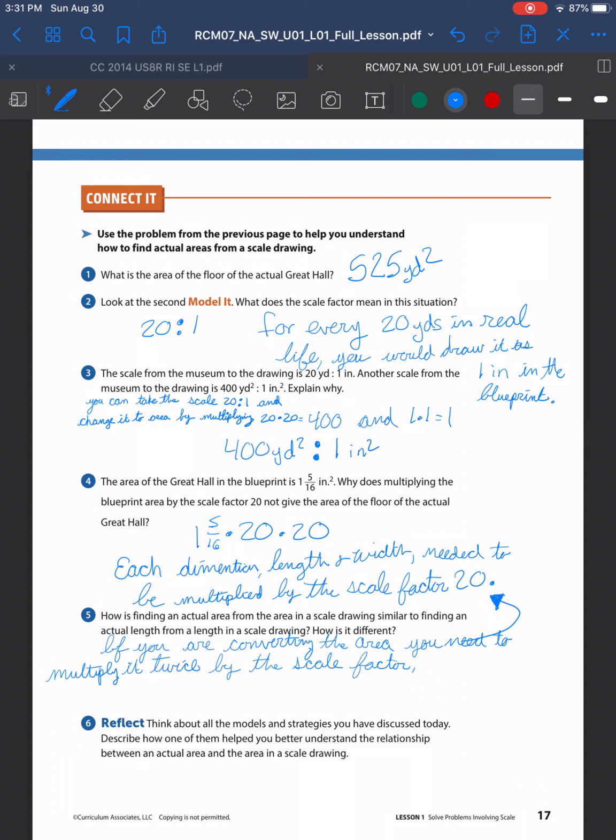And if you're solving it by changing the length and the width, then you would just multiply it by 20 once each.